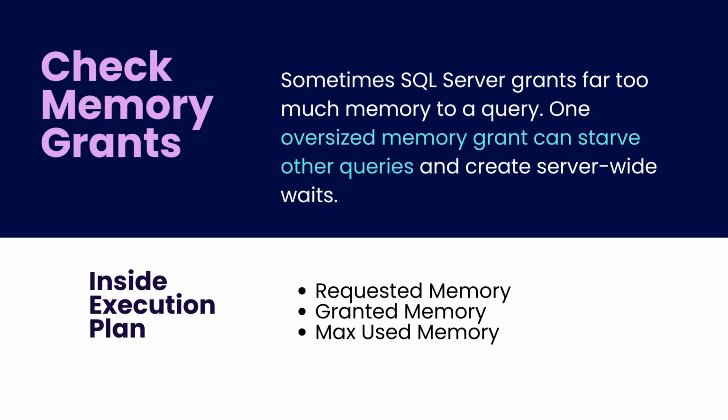Sometimes SQL Server overcorrects. Instead of granting too little memory, it grants way too much. Now one query reserves massive amounts of RAM, while other queries wait for resources. If the query barely used the memory it requested, that's another sign the optimizer's assumptions were inaccurate. And once again, bad estimates create bad plans.